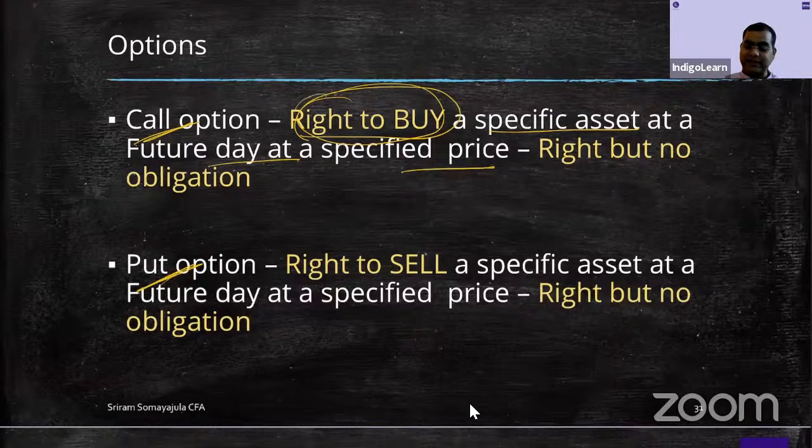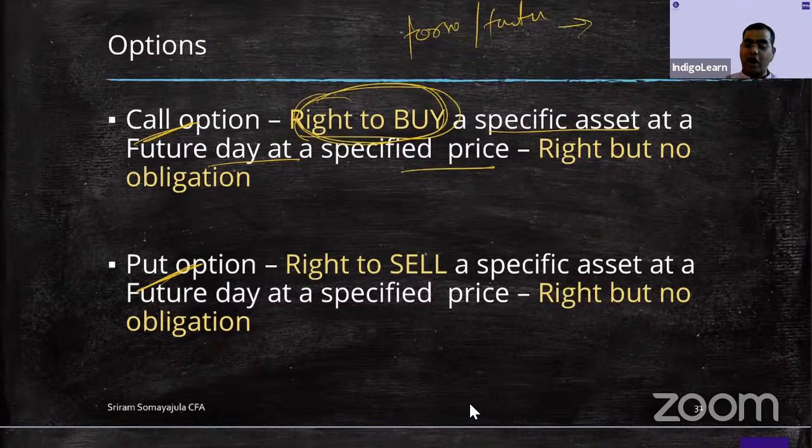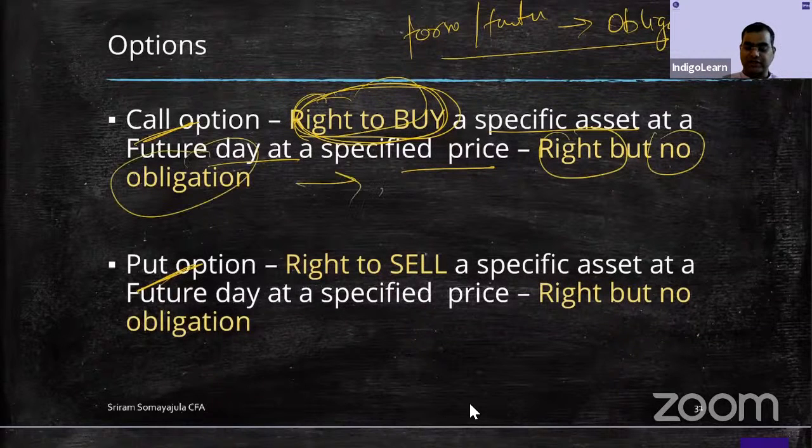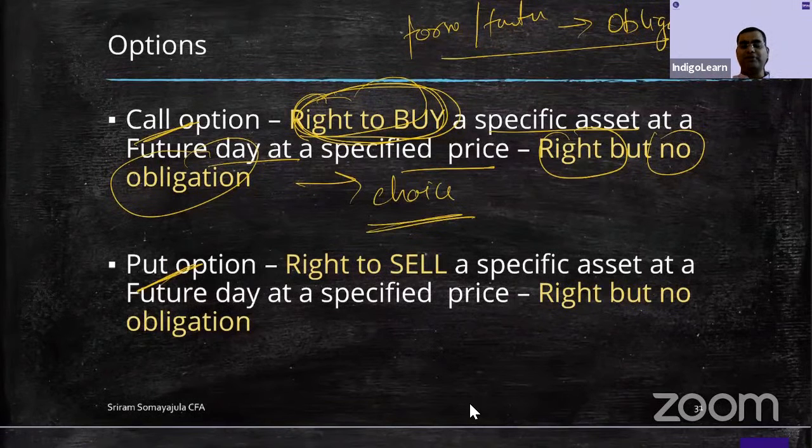It is a right to buy. In a forward or future contract, it is an obligation to buy. Whereas here it is a right. That is, you have a right, but no obligation. That is, you have a choice. So a call option is basically an option that is at your choice. You can choose to either buy or not buy, right? So that is a call option.